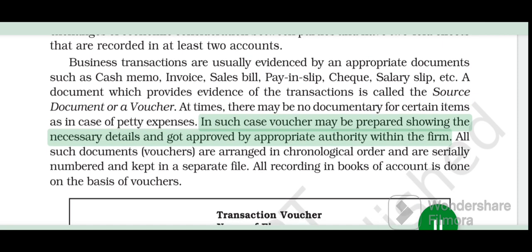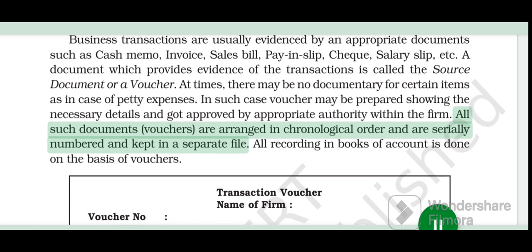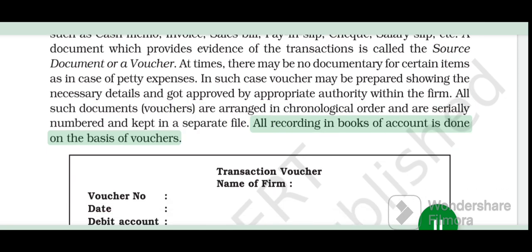In such case, a voucher may be prepared showing the necessary details and got approved by appropriate authority within the firm. All such documents, vouchers, are arranged in chronological order and are serially numbered and kept in a separate file. All recording in books of account is done on the basis of vouchers.